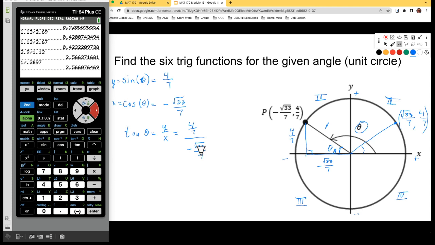And when you've got a fraction over a fraction, what we're doing is dividing the fractions. And when you divide fractions, you invert and multiply. So you flip the second one, take the reciprocal. So that's 4/7 times negative 7 over square root of 33.